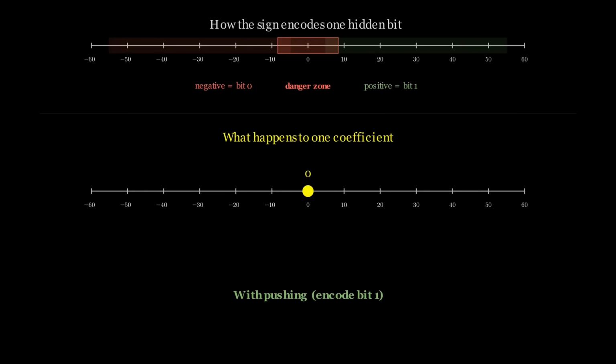When we push our coefficient a little farther away from 0, it has more breathing room. Even after compression squashes it, it usually just stays positive or negative. In other words, the magnitude changes, but the sign survives, and that's enough for us to reliably recover the bit.